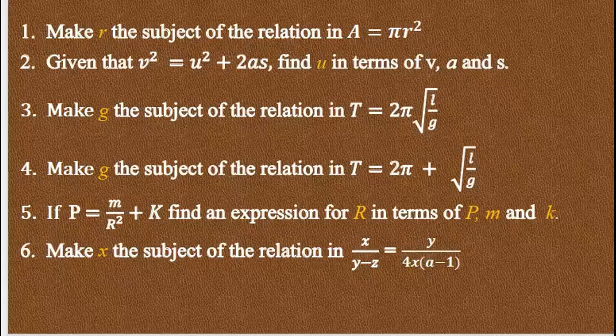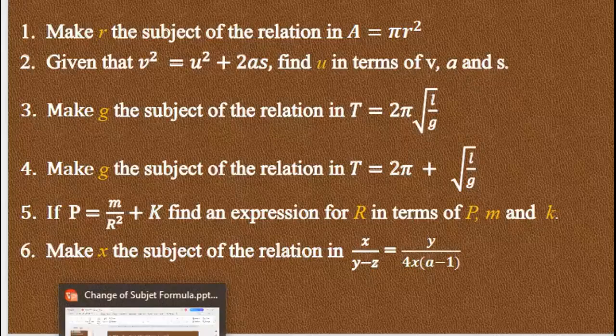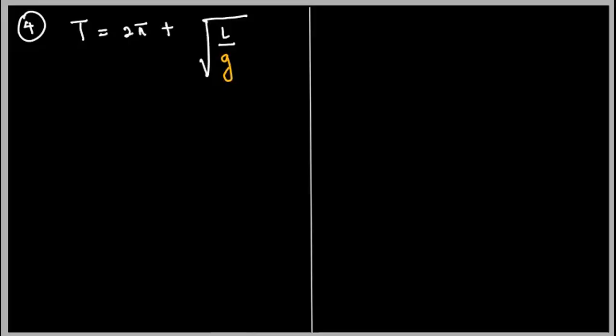Whereas for number 3, there is no sign between 2 pi and the square root of L over G, which tells us that we are multiplying, just as we did previously. Questions 3 and 4 are not meant to be handled the same way, but in a similar way. Since we are adding here, there is no point dividing both sides by 2 pi.